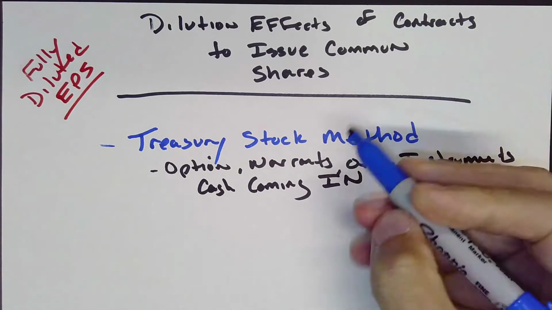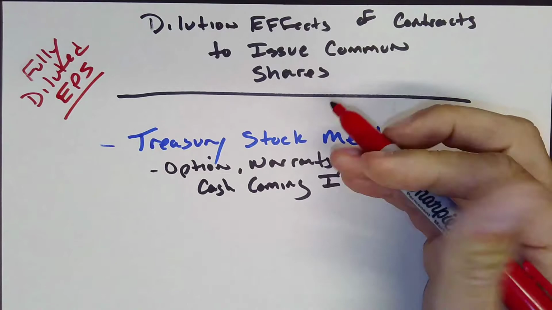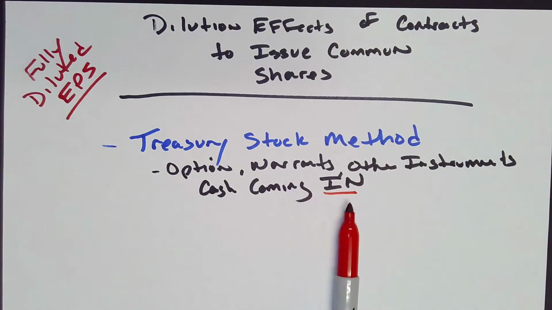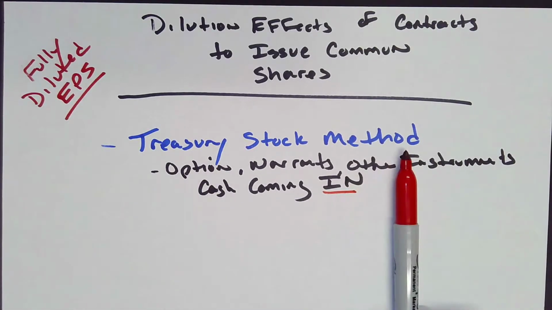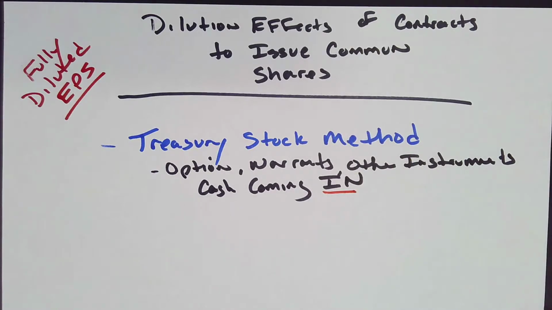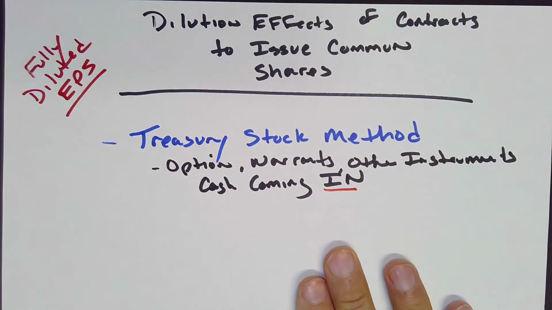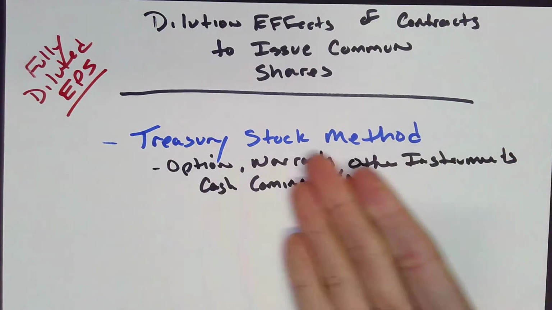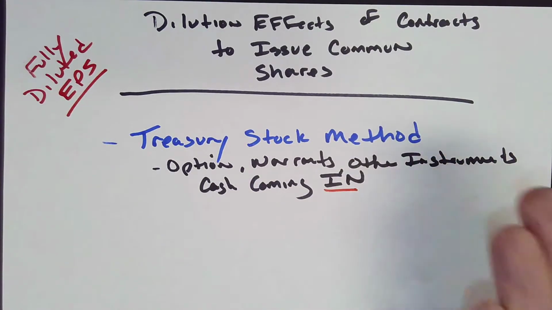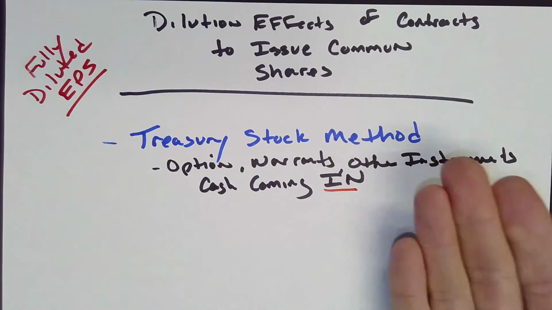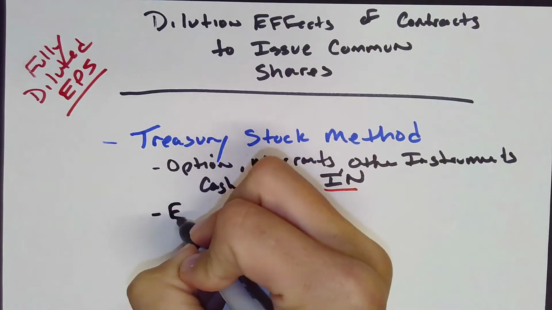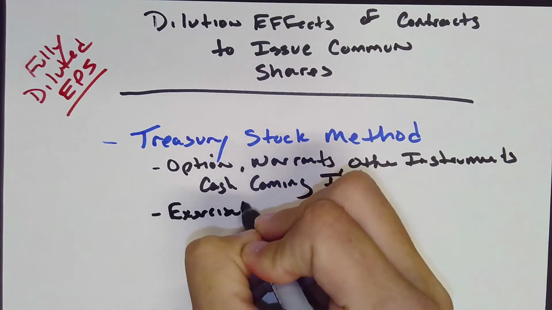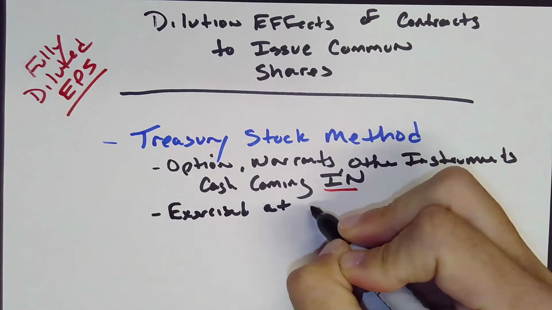And I make that capital. I'm going to underline it in red because that's a critical piece: cash coming in. Now we're using the Treasury stock method. So what do we do? Well, we assume that all of these options and warrants were exercised on the first day, at the beginning of the year.